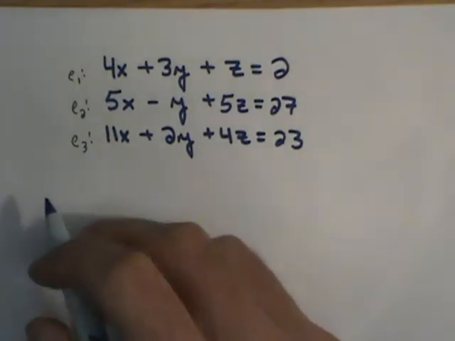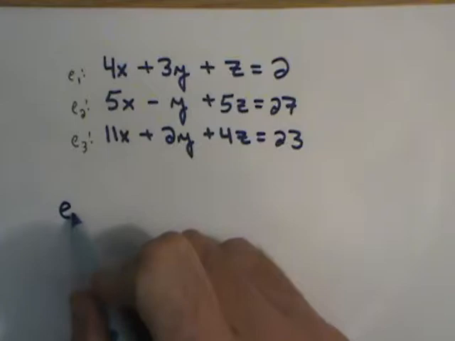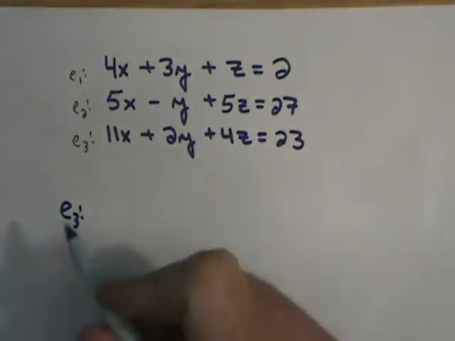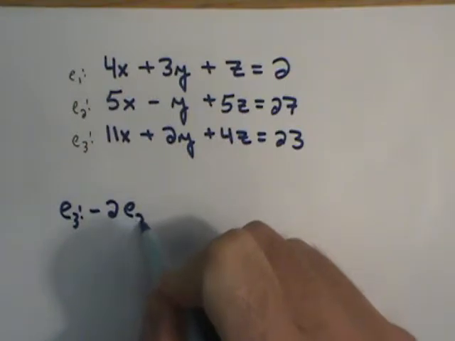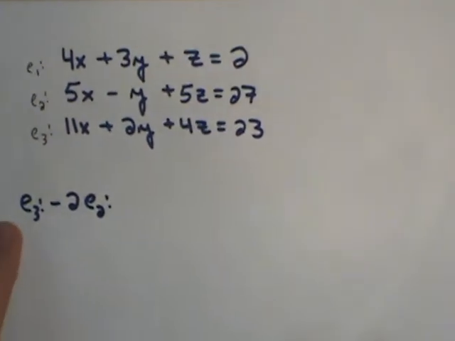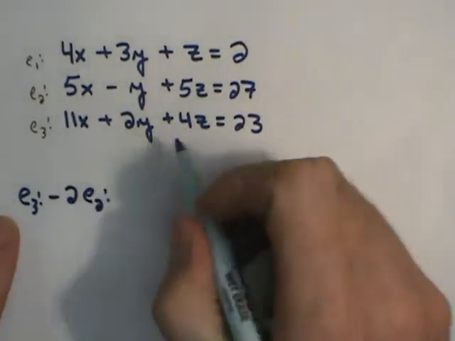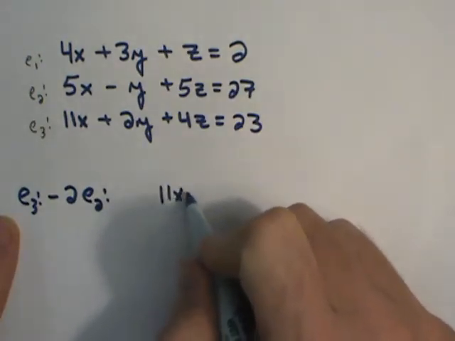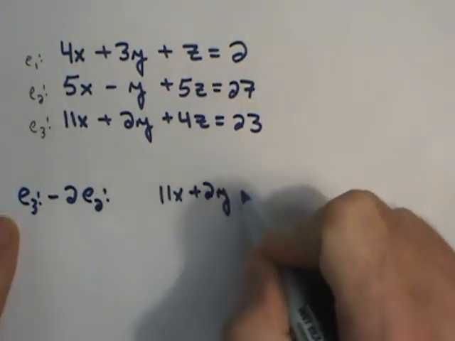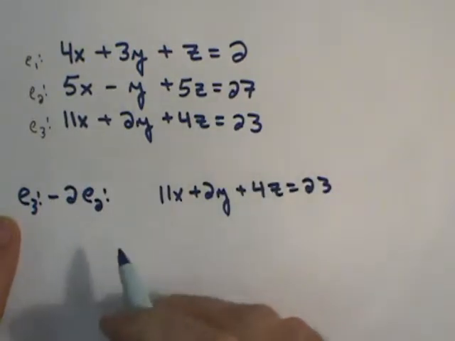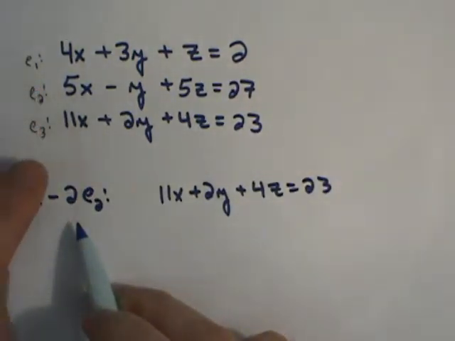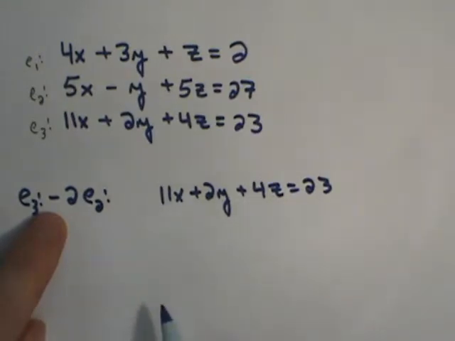And so my first step is going to be to take the third equation, and I'm going to subtract twice the second equation. I'll just rewrite the work here. I have the third equation: 11x plus 2y plus 4z equaling 23. And then I'm going to multiply the second equation by -2, and then I'll be able to combine these.